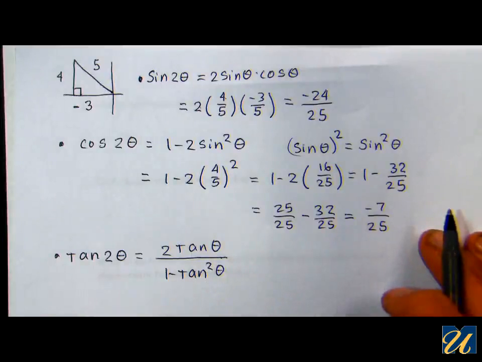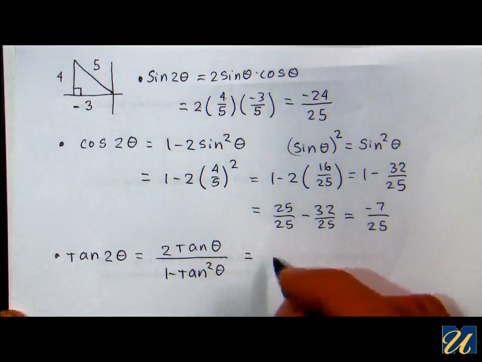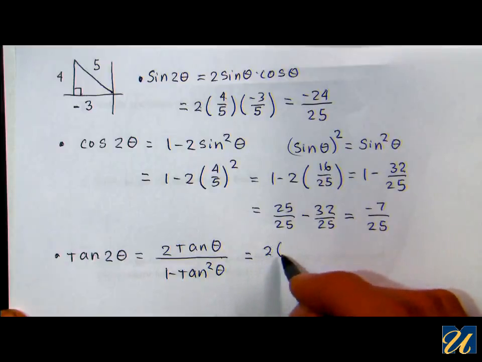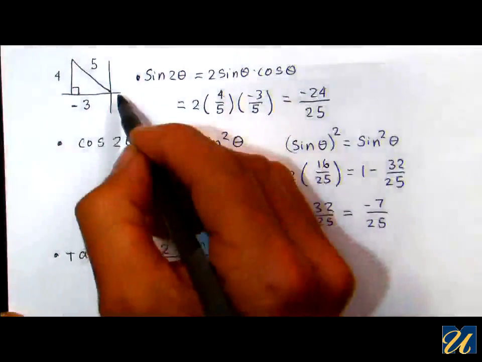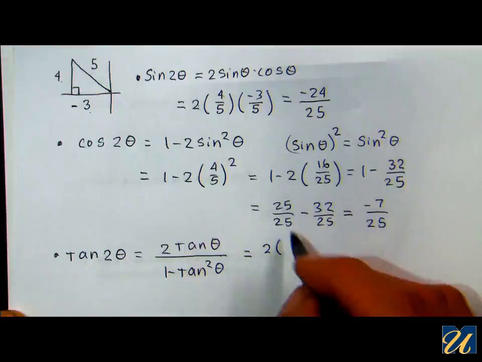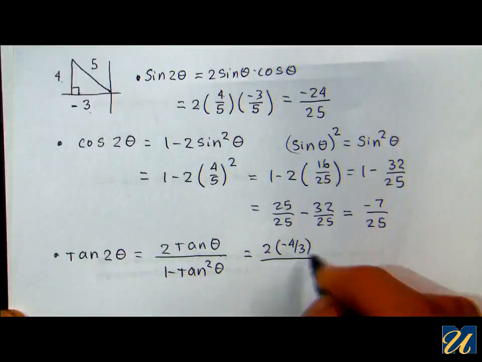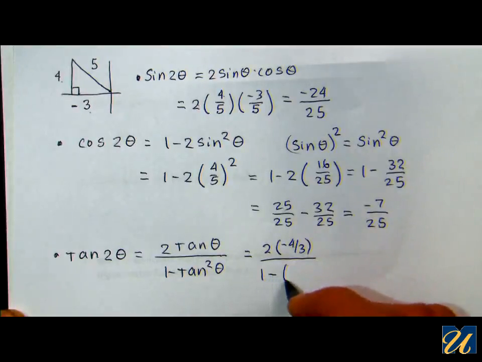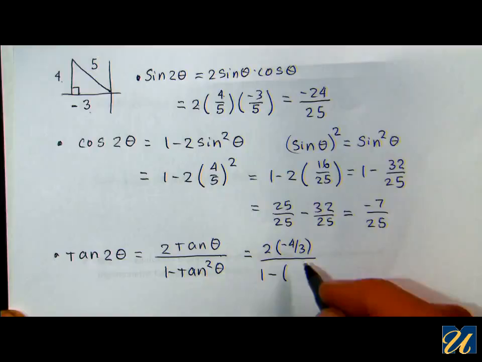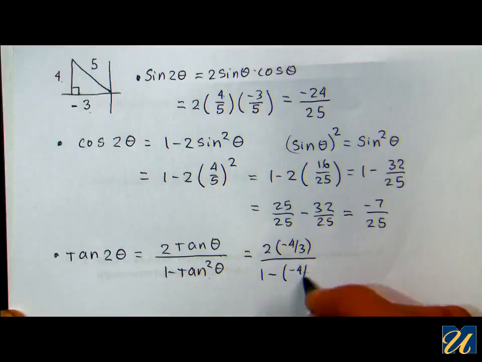Okay. Well, we have our picture, so we have the values of the tangent as well. So this becomes an arithmetic problem. 2 times the tangent, now that's opposite over adjacent. So that's negative 4/3. Negative 4/3 divided by 1 minus the square of that number, since it's tangent theta and then squared. So negative 4/3 and then squared.